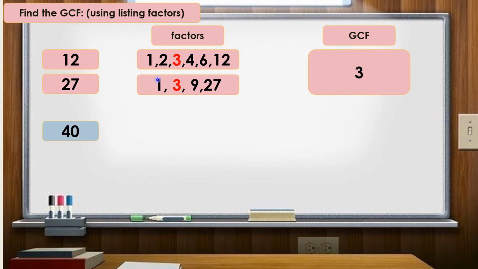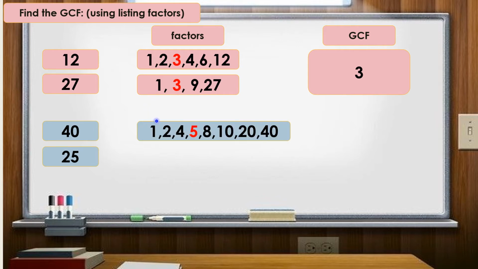Next, find the GCF of 40 and 25. By listing factors, the factors of 40 are 1, 2, 4, 5, 8, 10, 20, and 40. And for 25, 1, 5, 25 only. Again, repeat the steps.